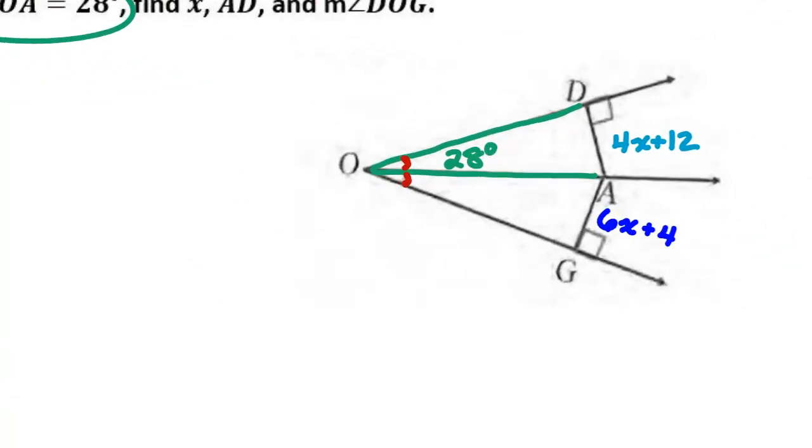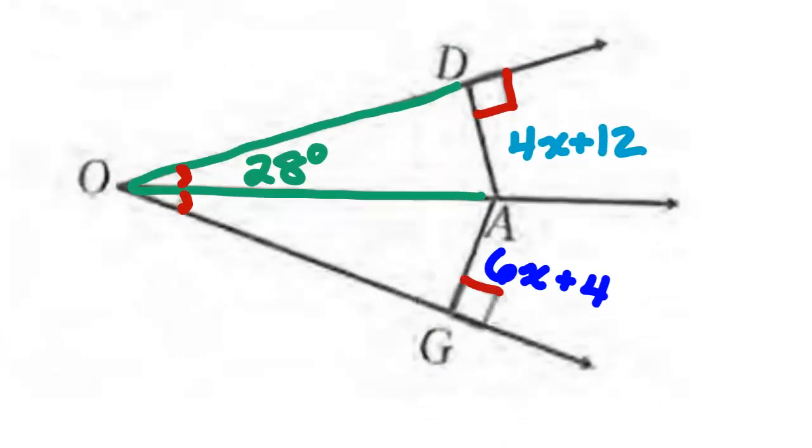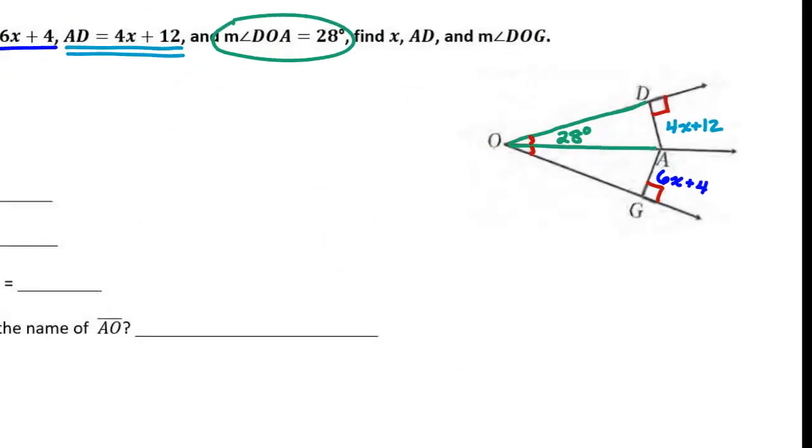So if those angles are congruent, and then I come down here to this side of the picture, and it says from A to D is forming a right angle, and from A to G is forming a right angle. That means that OA right here is called a what? An angle bisector.